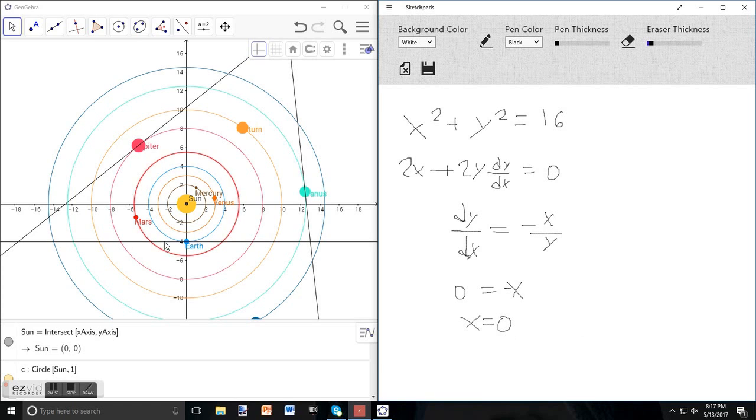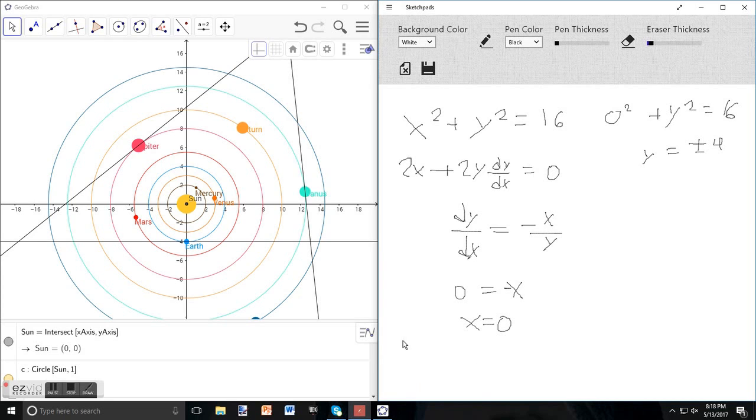There'll be 2 points where there's a horizontal tangent line, one right here and one at the top. When we plug it back into the original formula, we get 0 squared plus y squared equals 16, and so y equals plus or minus 4.